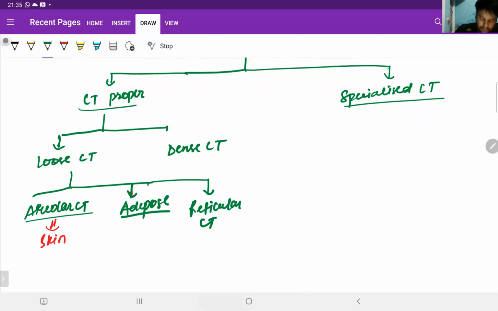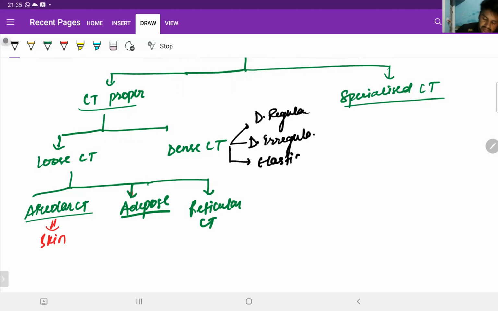So these are the three types of loose connective tissue. When I talk about dense connective tissue, dense connective tissue can be dense regular, right? Dense irregular, and maybe elastic, right? So these are the types of connective tissue proper.